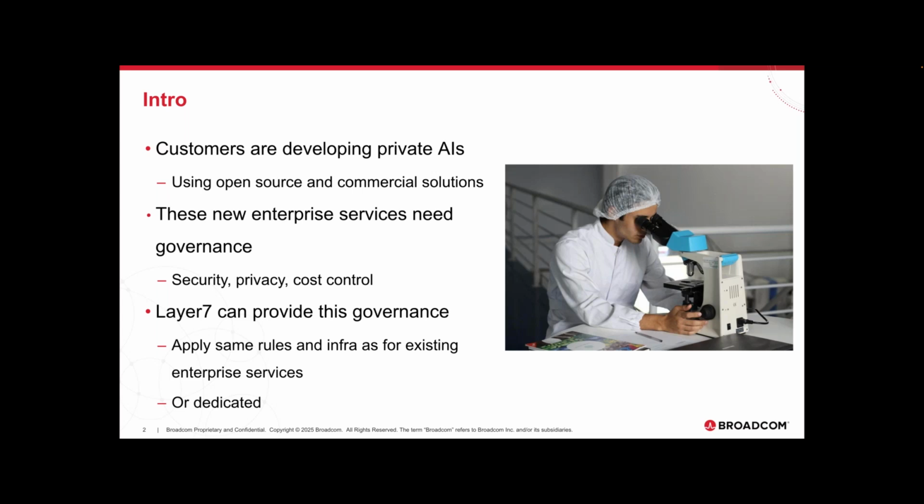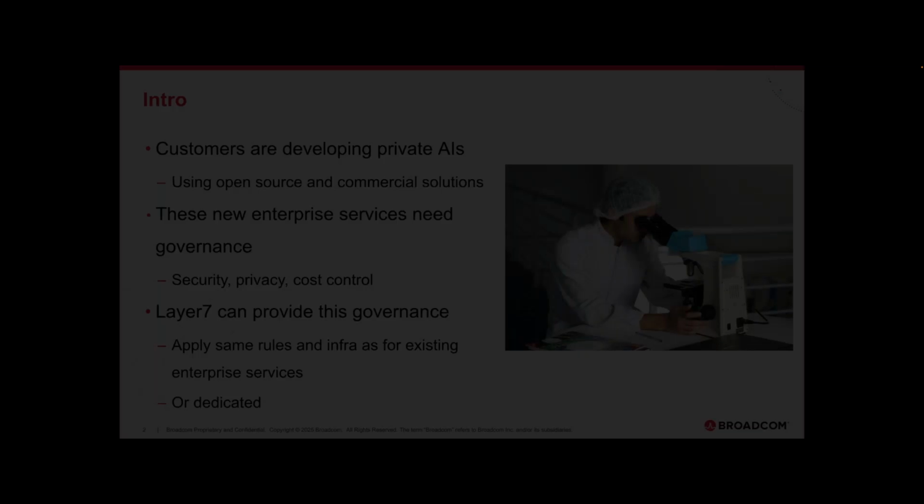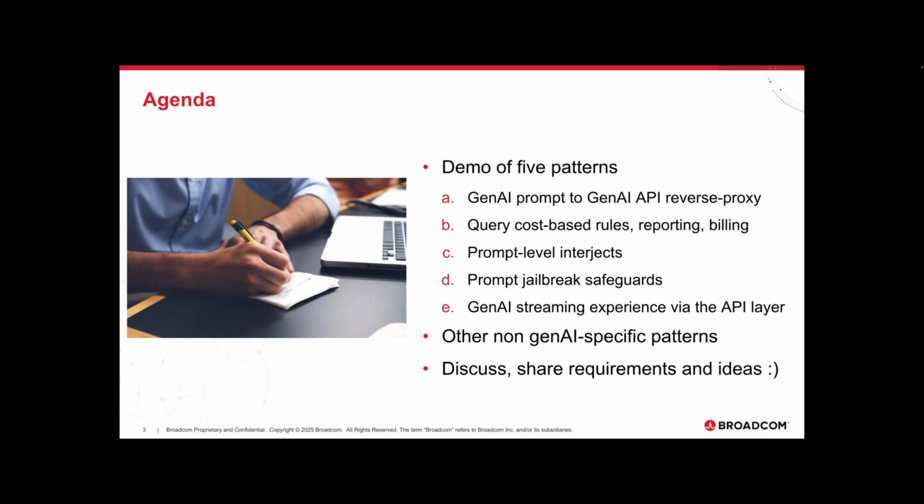You could do that for those new private AI enterprise services, or you could have that dedicated in a separate deployment if you want. Those patterns are what I'm going to talk about. It's really an extension of using the gateway for a new type of service.